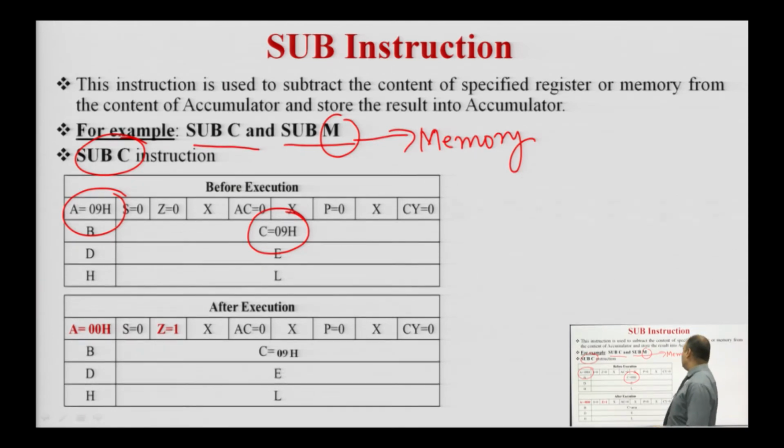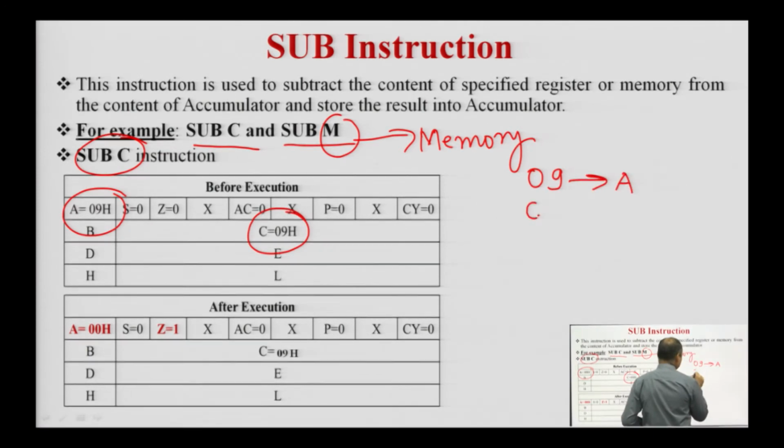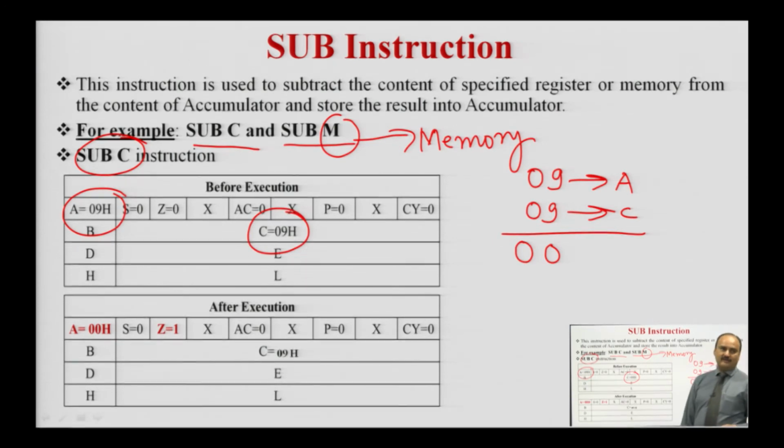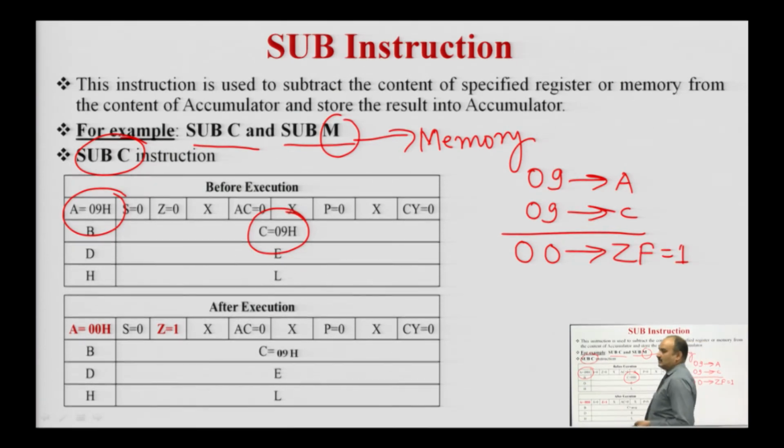If we subtract 09, the content of the accumulator, and 09, the content of C register, we get 00. Since the result is 0, the flags are modified: the zero flag is set to indicate that the result of the subtraction operation is 0.